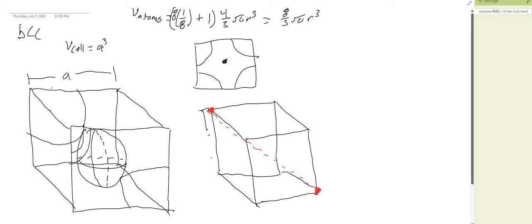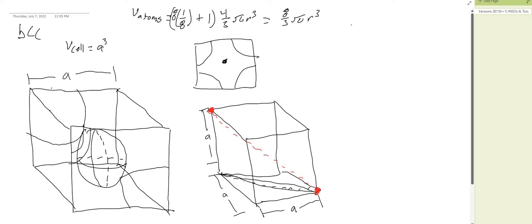So this is A, this is A, this is A. And in order to complete this triangle, we need that distance right across the bottom plane.